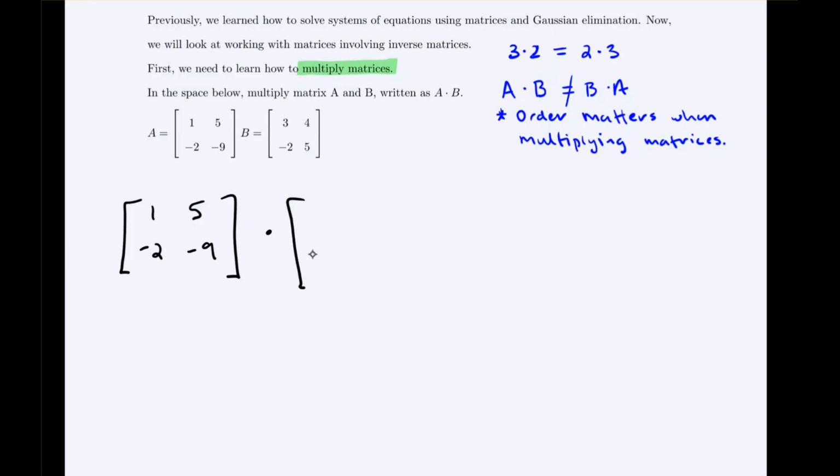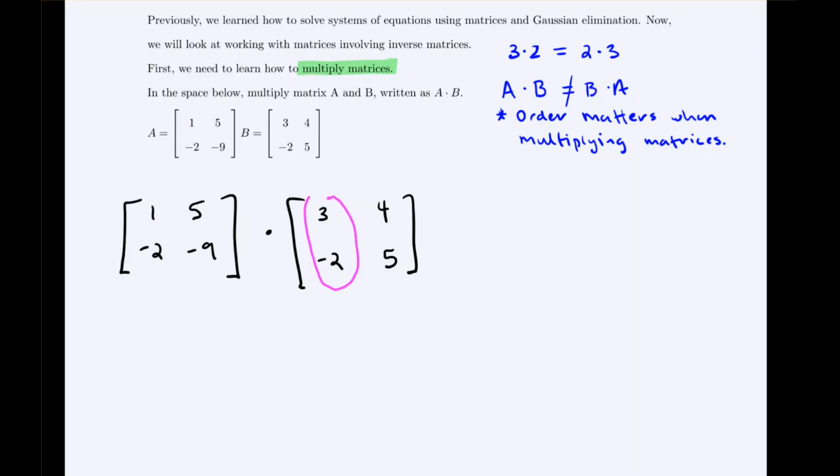times B, and then there's a process we're going to want to visualize. When you're multiplying matrices, you always start with the first column in the second matrix.